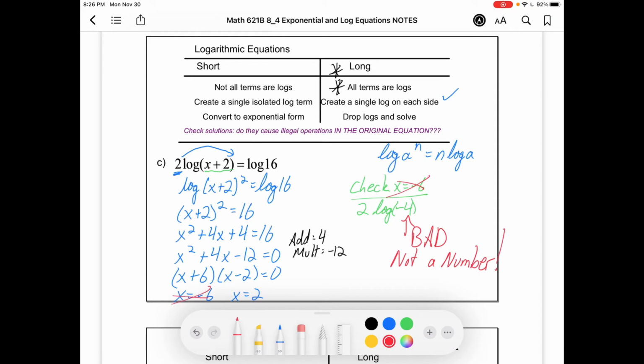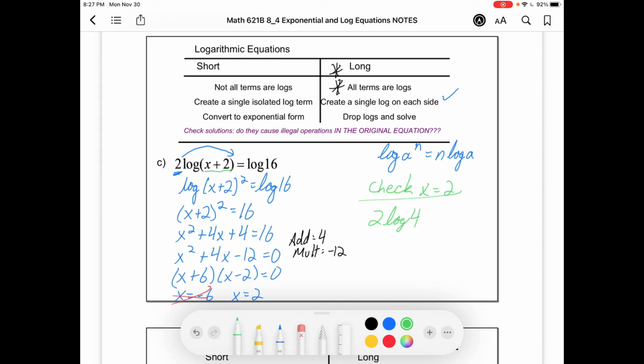It's not okay. And you may be tempted at this point to make some sort of rule where you say, oh, if it's negative, it's no good. We have to check whether it causes a negative in the original statement. So let's check the other one. And even though one of them worked, it doesn't guarantee that the other one will. Let's check this out. So check x equals 2. So on the left-hand side, I'd have 2 log of 4. And on the right-hand side, I'd have log 16.